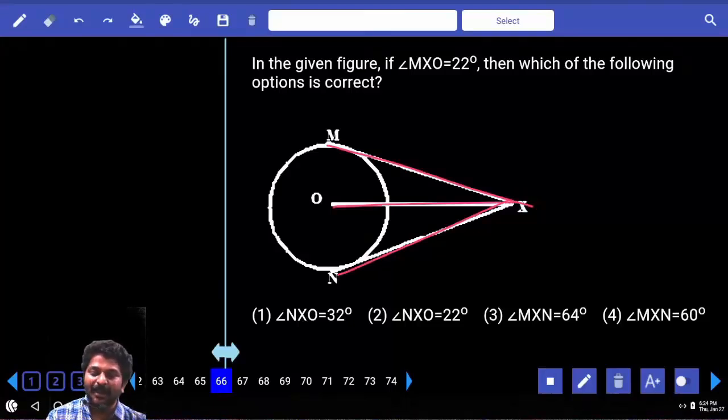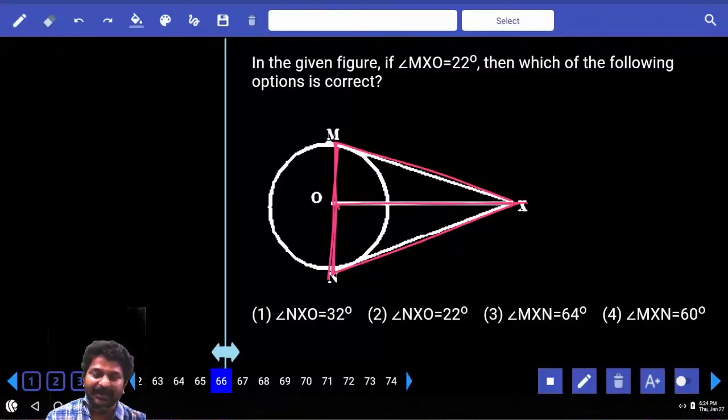And OX is a common tangent, right? Or you can say perpendicular line. Now, OM is radius. ON is also. So both sides OM is equal to ON. MX is equal to NX. OX is a common side for both the triangles.